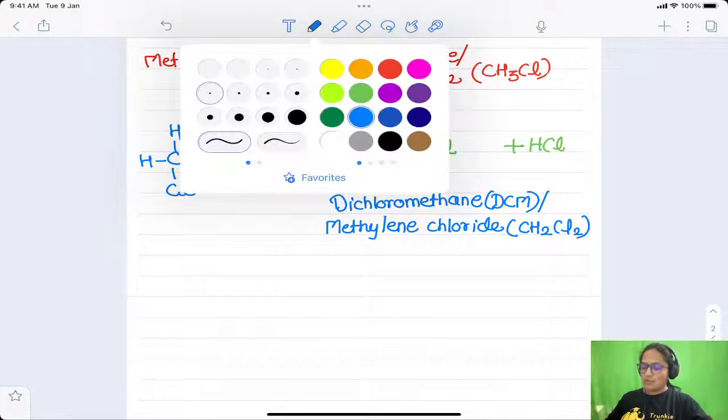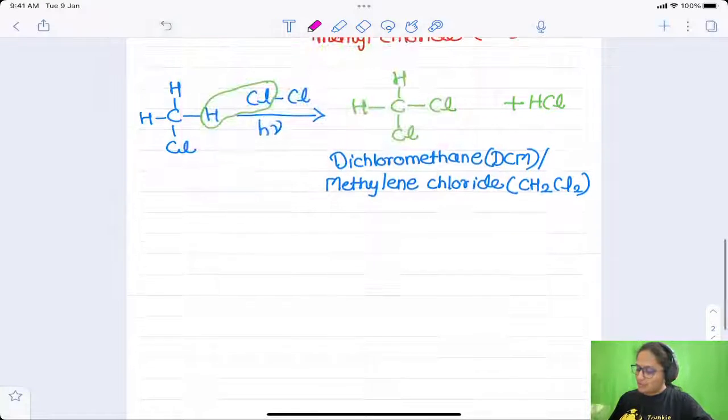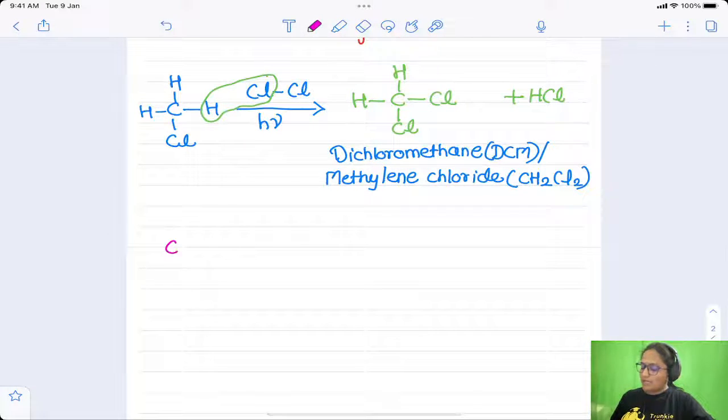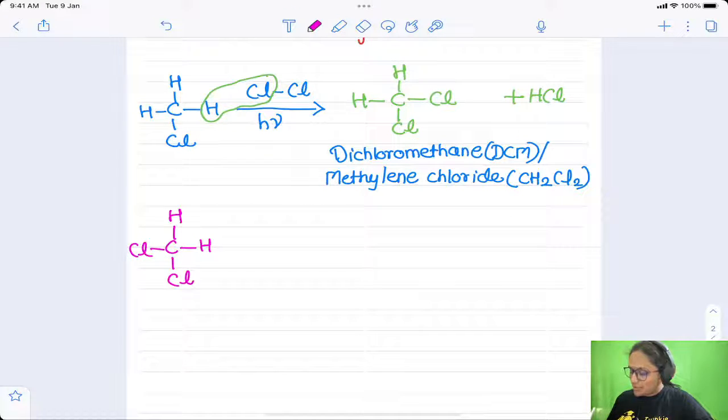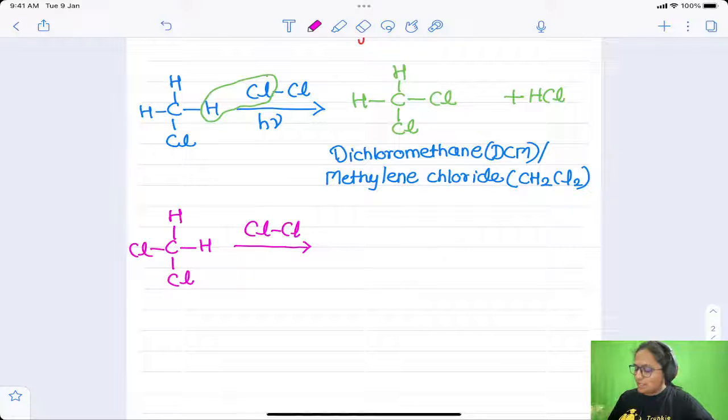The reaction will not stop here either. Further reaction takes place, because there are still 2 hydrogen atoms. So now again I will write down the structure like this, so that I can show the loss of an HCl molecule. So this is your DCM. It further reacts with another chlorine molecule, chlorine gas, in the presence of H nu, that is sunlight.